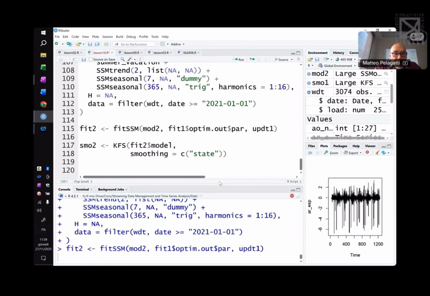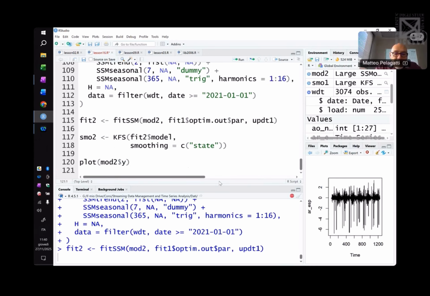But anyway, we can go on with, again, plotting the time series from model 2, it's just the second one. And then just comparing that to the trend, which will be in smoother 2 alpha hat level. But then we may also check afterwards the average impact of those vacations.